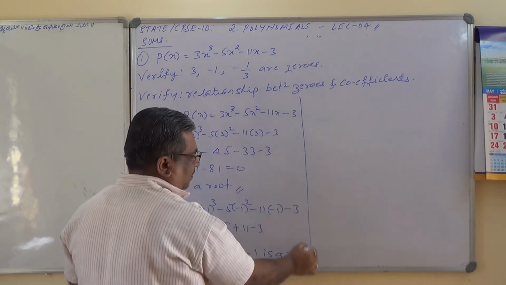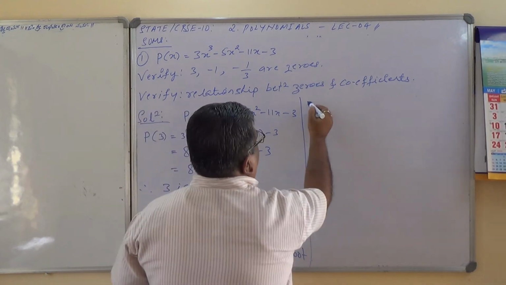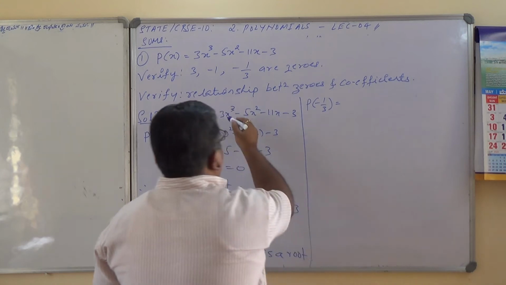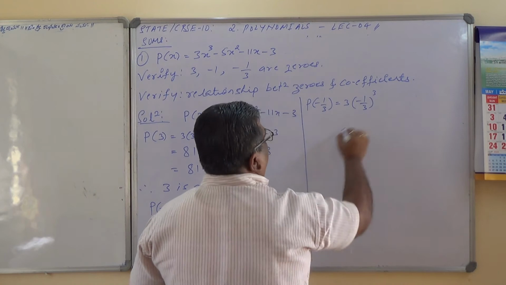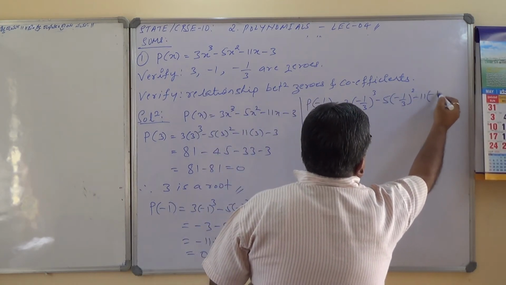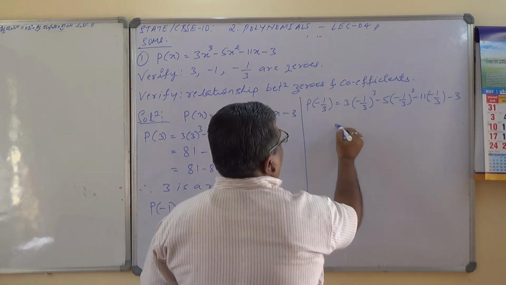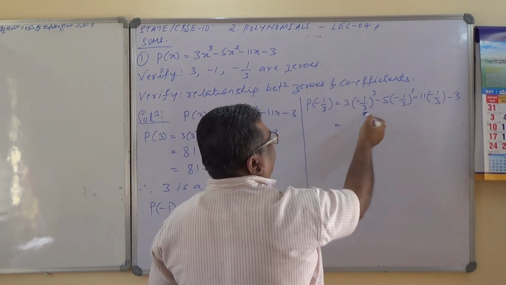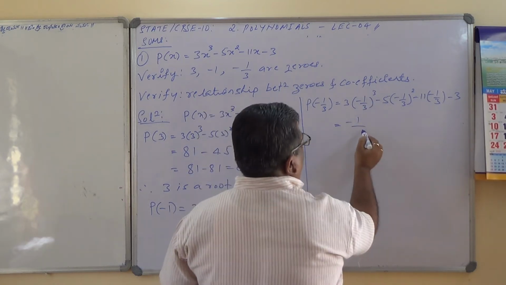Next, p of minus 1 by 3. P of minus 1 by 3 equals 3 into minus 1 by 3 cube minus 5 times minus 1 by 3 the whole square minus 11 times minus 1 by 3 minus 3 here. Okay, so this equals, 3 cube, the 3s cancel, so minus 1 by 9.